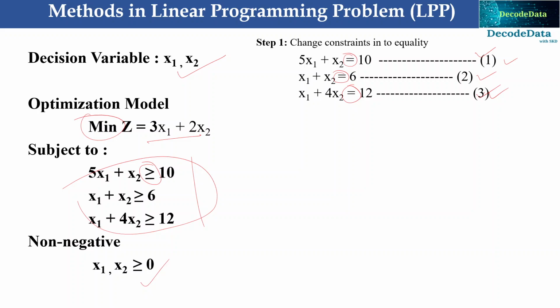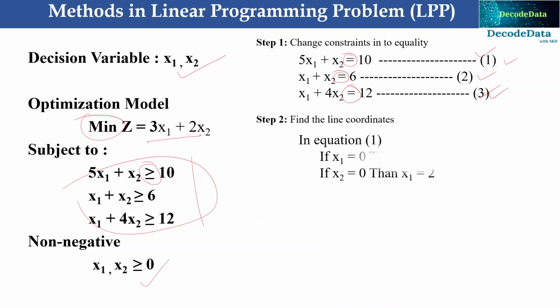Now the next step is to find the line coordinates. How we will find the line coordinates? Same way, same method. We have to go for x1 as 0, right? So let's say the first equation is 5x1 plus x2 is equal to 10, right?